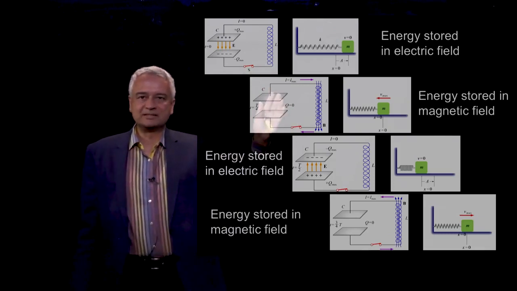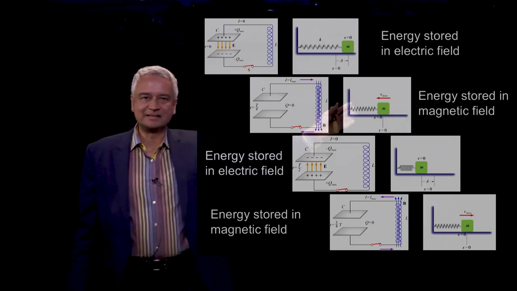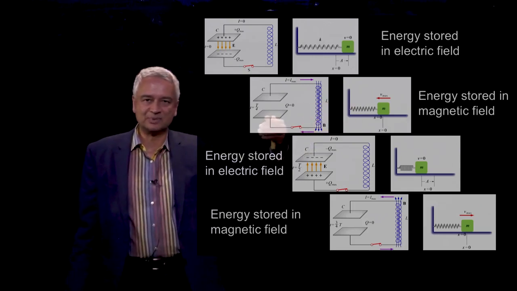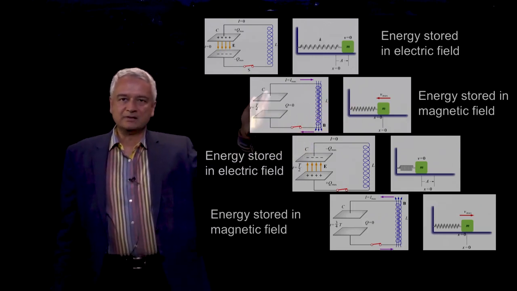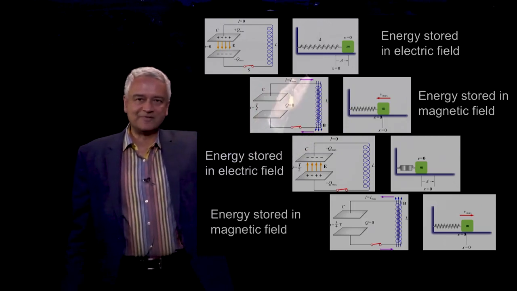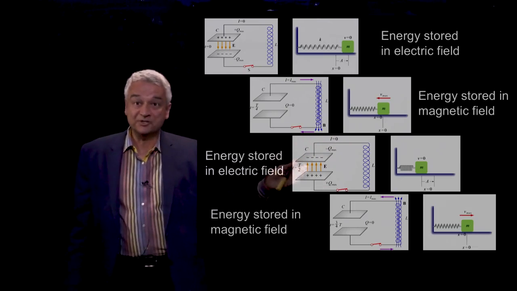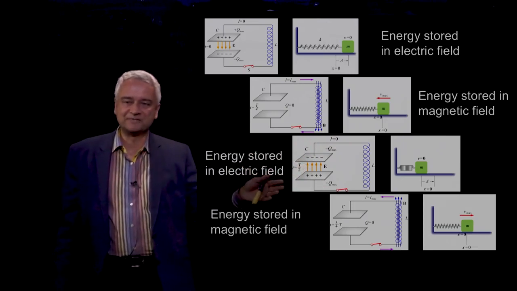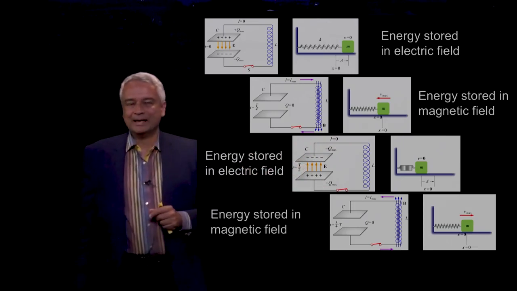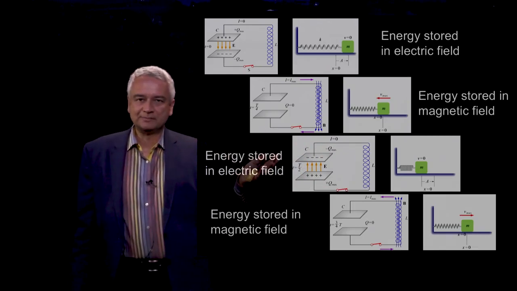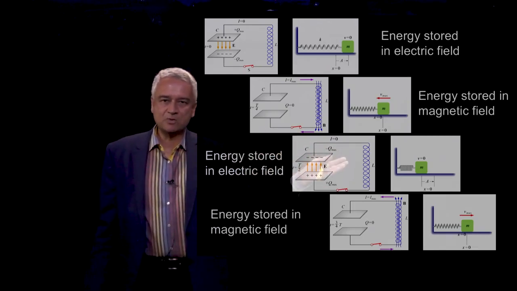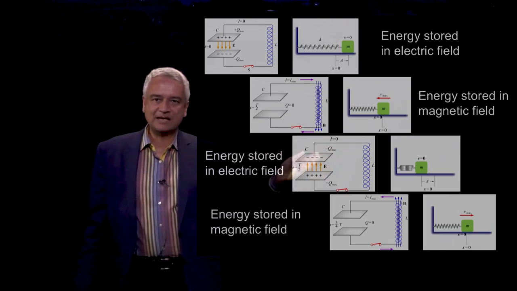But this too is not a stable situation. You can't just have this mass keep moving forever because it starts to compress the spring. The spring fights back. You can't just have a current in the inductor flowing forever because the current starts to put charge of the other sign on the capacitor and the capacitor fights back. And after the second chapter of the story, we're at this row where the energy is back to being all electric.